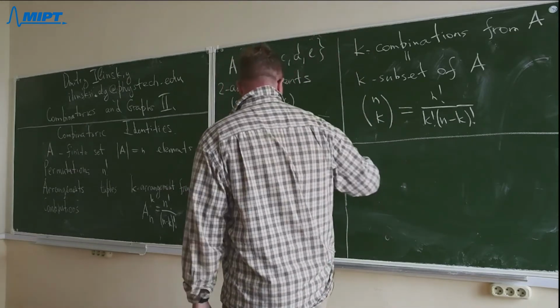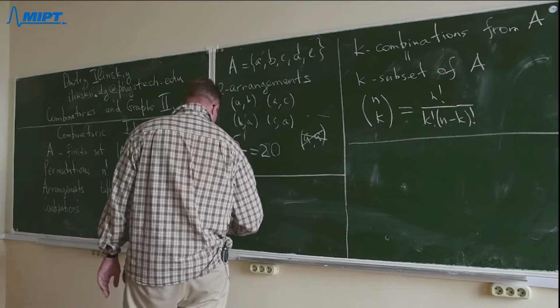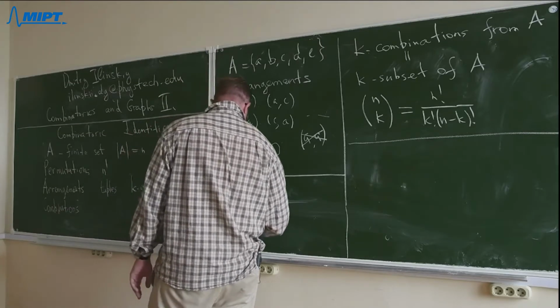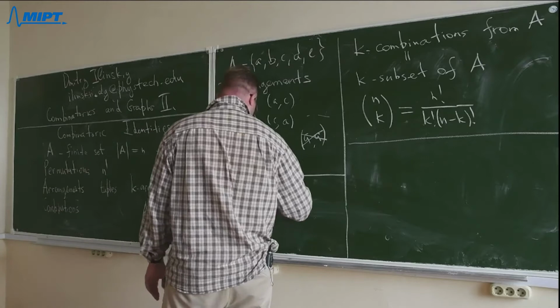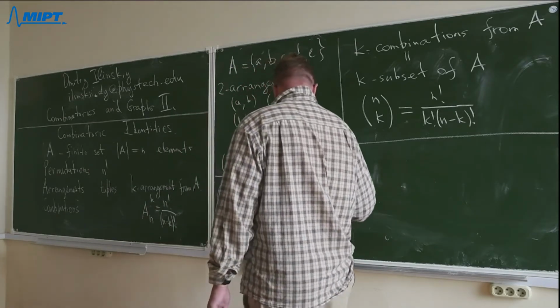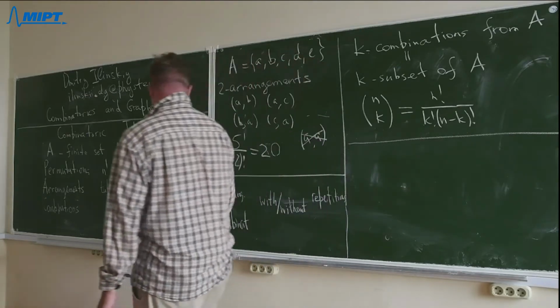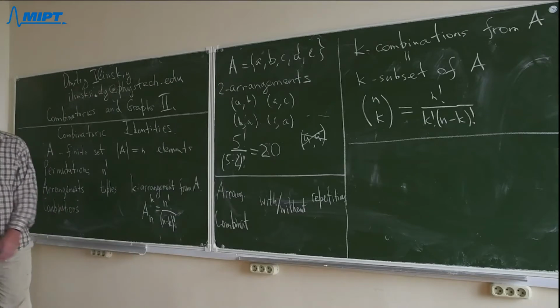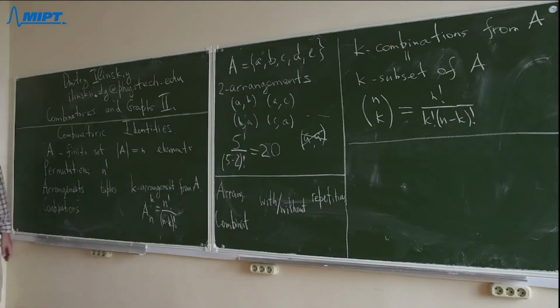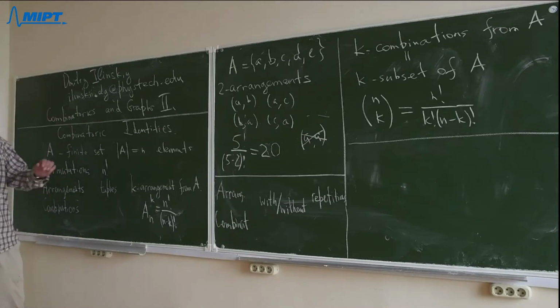We may talk about arrangements and combinations with or without repetition. Here I'll talk about them without repetitions, and with repetitions the formula will be different. We will talk about this later.